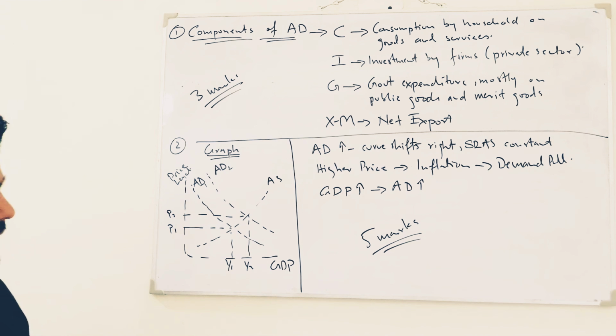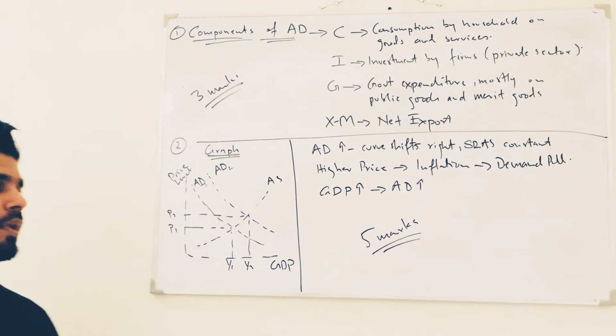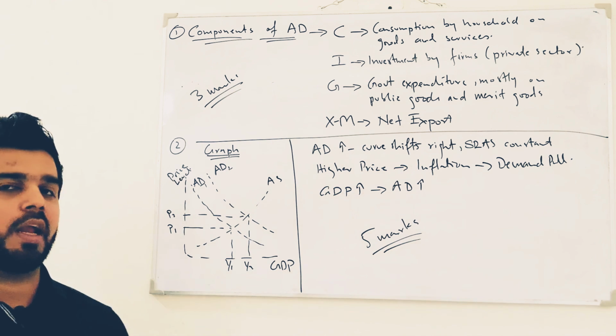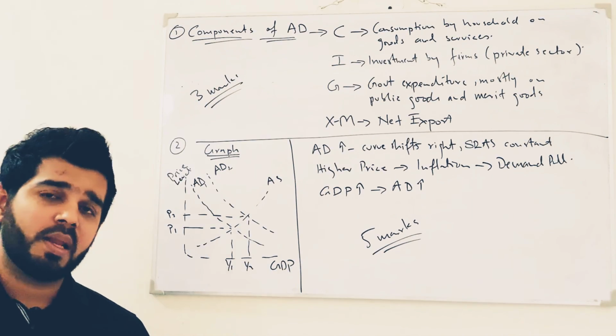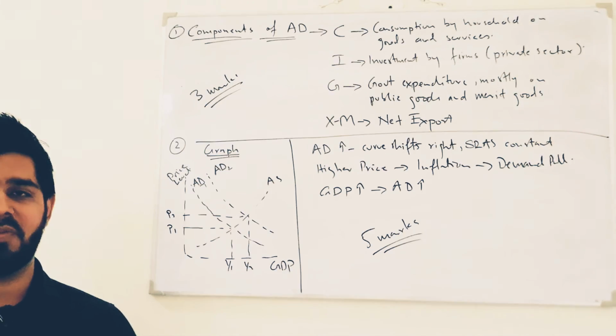What we can write is that whenever aggregate demand increases, which in other words means spending in the economy increases, the aggregate demand curve shifts rightward. You can also give a moderate detail about how spending increases: it can be increased by the consumers, by the investment firms, by the government.